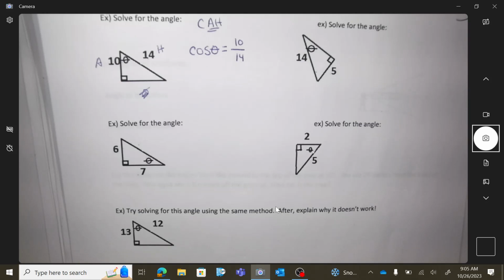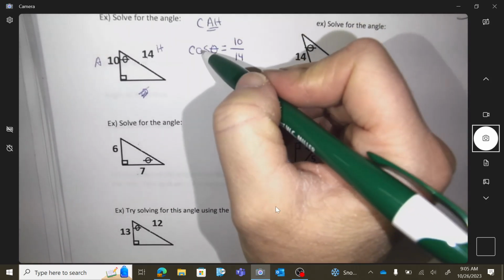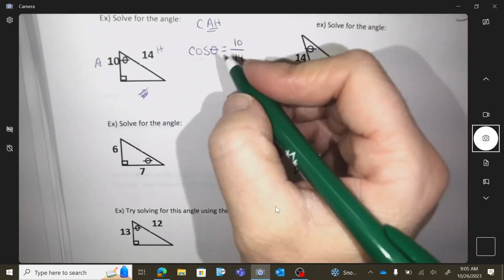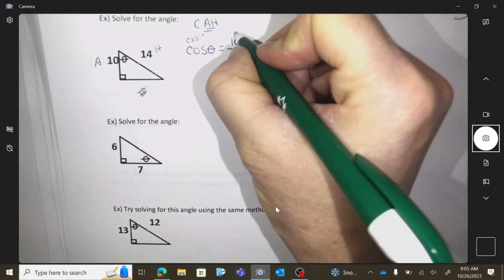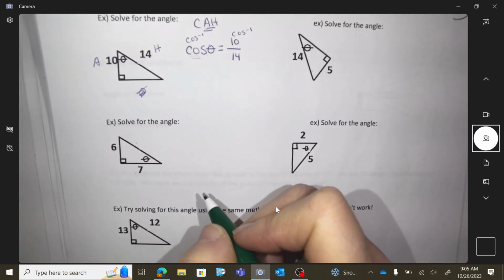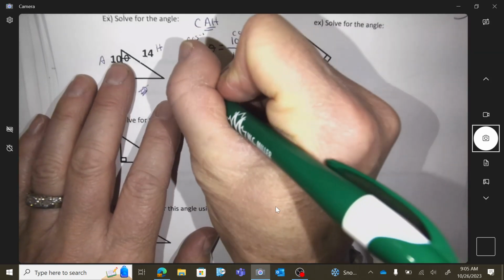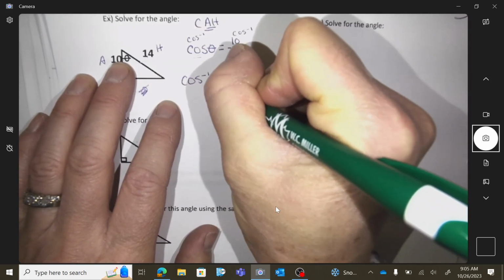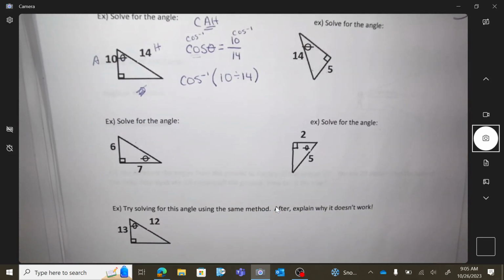So again, how do I get the angle? I need to get rid of this. So I'm going to cos inverse. This is what I'm going to be typing in my calculator. Now do you see that I'm using brackets?